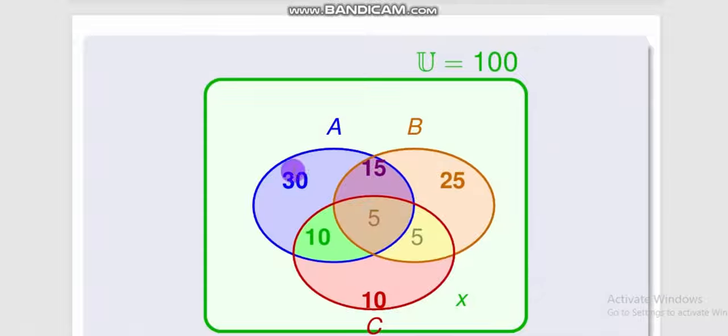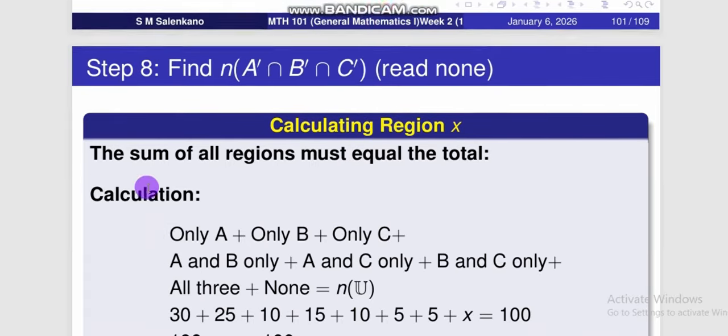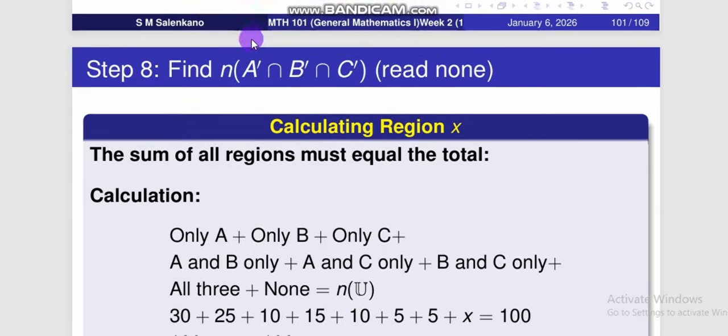So we add everything that we have here plus this one outside and equate that to 100. To get neither A nor B nor C, that is those who read none, calculating region X: the sum of all regions must equal the total.